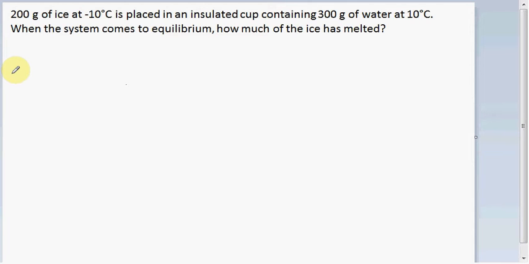Now this one's a little different from the ones you've worked in class, in the sense that you've got ice and some of it's melting but not all of it. What that means is that the final state of the system is going to be a mixture of ice and water all at 0 degrees Celsius.